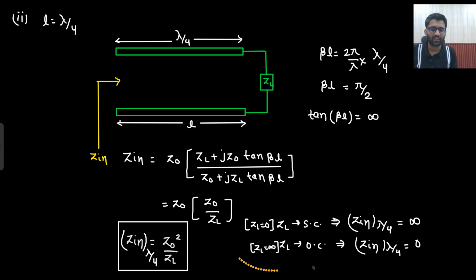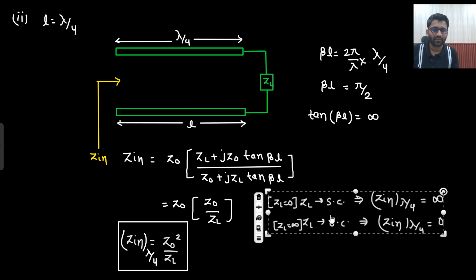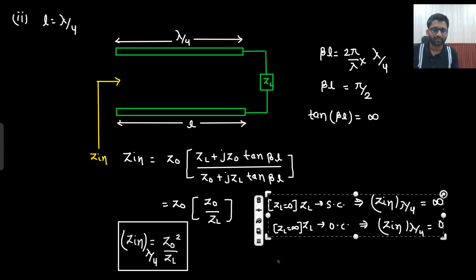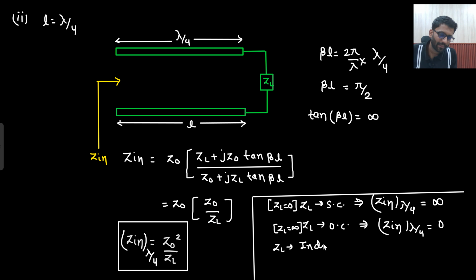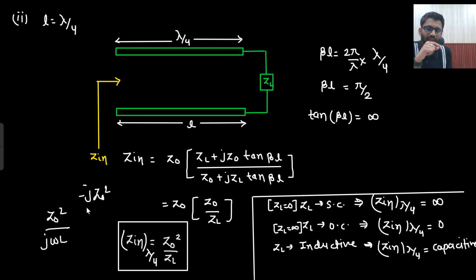Let's check more conditions. If your ZL was inductive in nature, then Zin for lambda by 4 line would be capacitive in nature. Why is that so? Because this is Z0 square divided by J omega L. Then this J goes upward, giving minus J Z0 square divided by omega L. Minus J means it is capacitive.